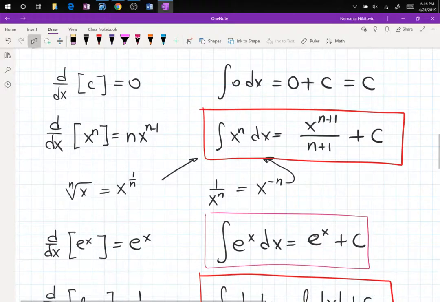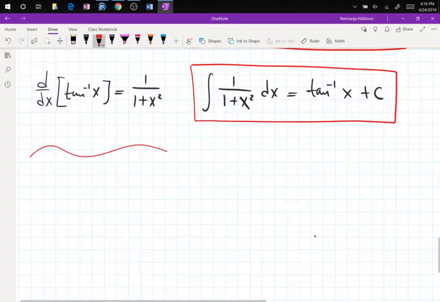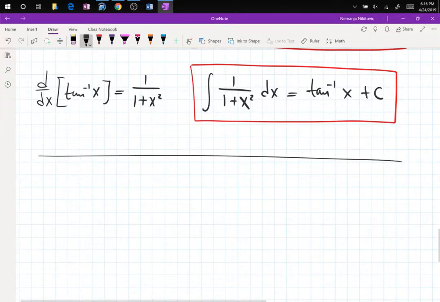So let's take a look at some of these basic integral calculations. For instance, what is the integral of x to the 9 dx? That's a polynomial.